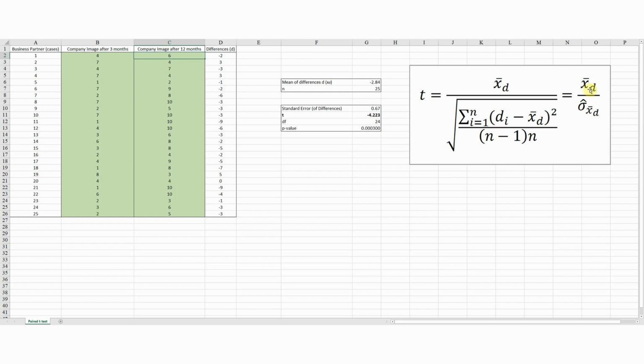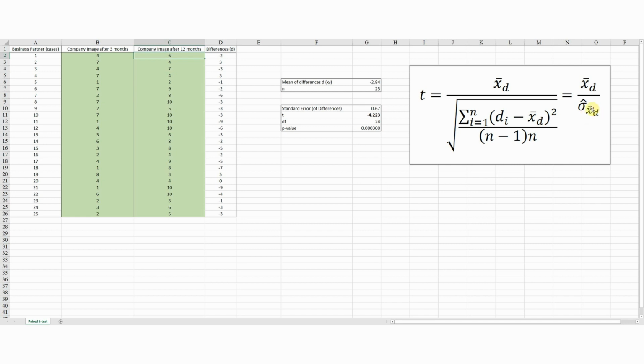You're just looking at the sample, but you want to make an inference about the population. So you take the standard error so that you standardize this difference and can be sure that what you're picking up is not just due to chance, but is a real difference.